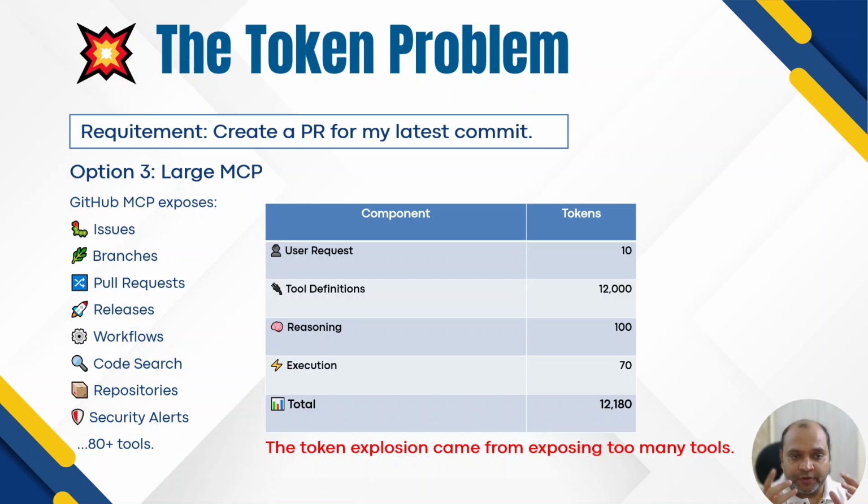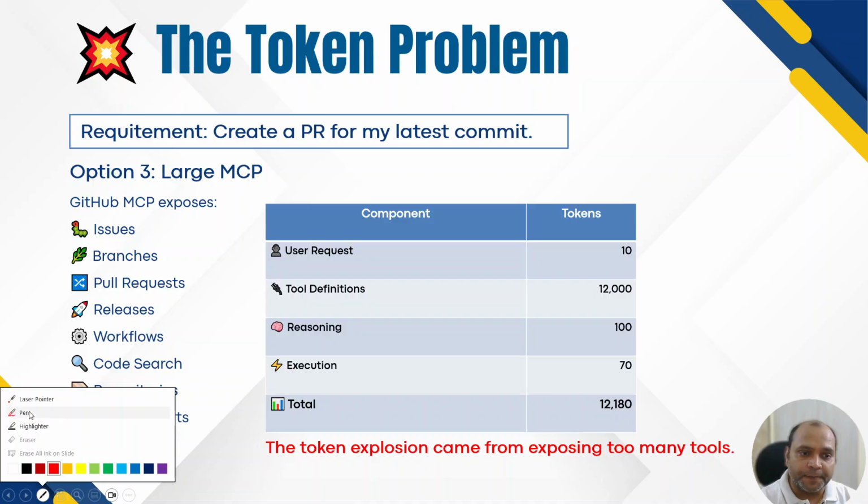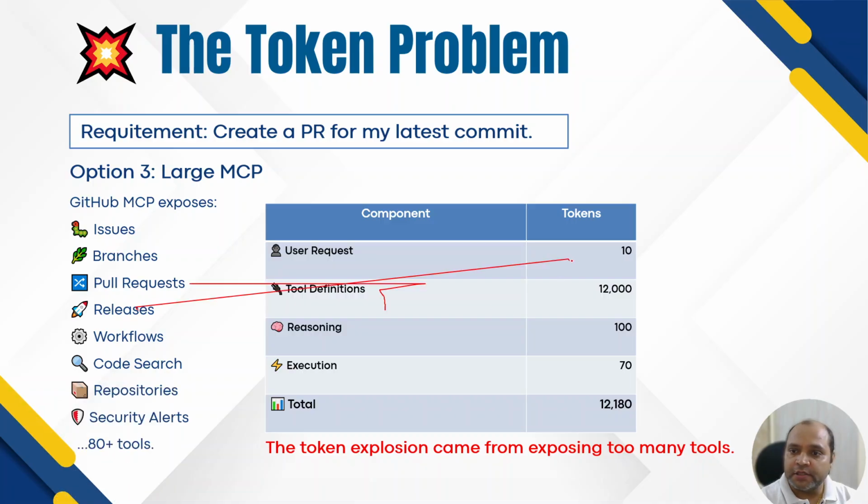Now if you use the MCP server for GitHub, the user request is still the same, right? What changes is the tool definition, because this GitHub MCP server exposes around hundreds of tools.